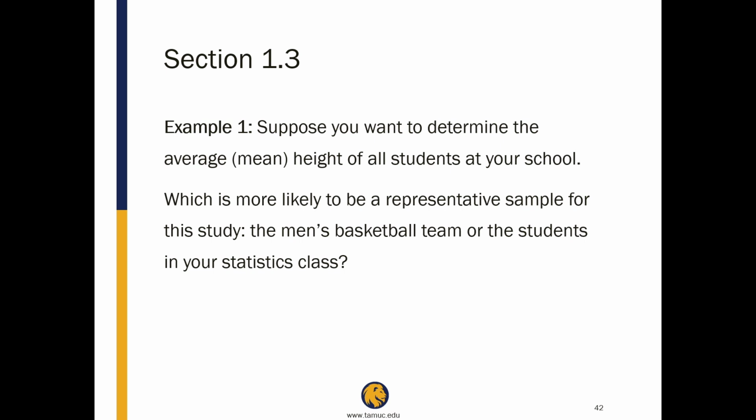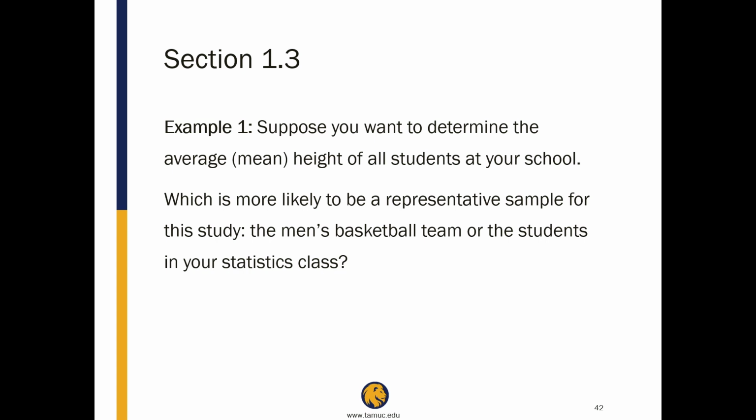It says the first example, suppose you want to determine the average or mean height of all the students at a school. Which is more likely to be a representative sample for the study, the men's basketball team or the students in the statistics class? Well, this is a fairly exaggerated example, really. It's clear one group is going to be taller on average than the other.